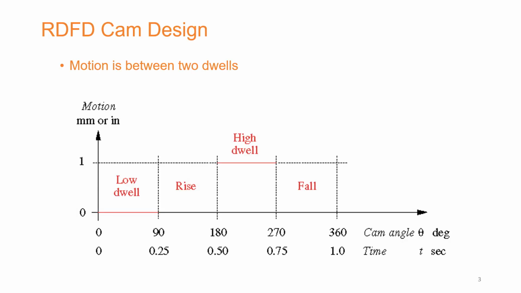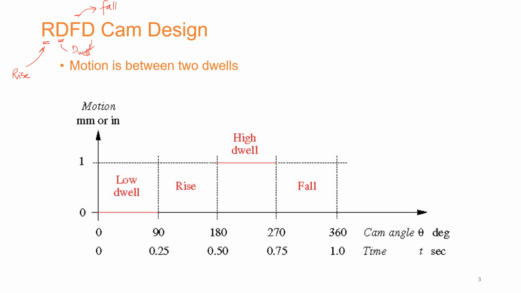So remember, last time we discussed the RDFD CAM design process, and in that we must recall that R stands for rise, D stands for dwell when there is no motion on the follower, F stands for fall when the follower comes down, and dwell over here again.